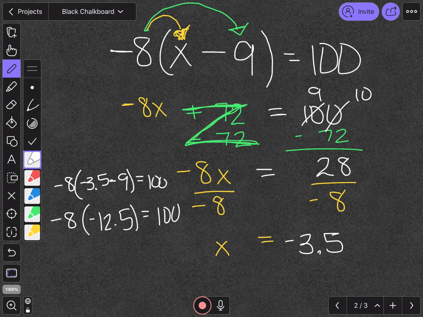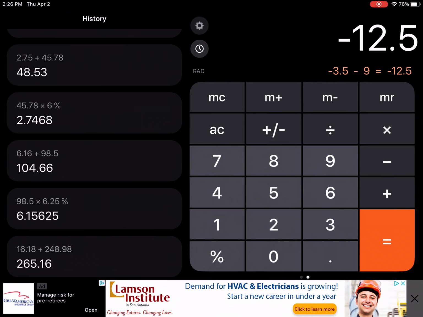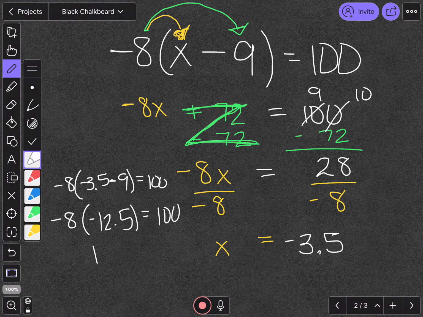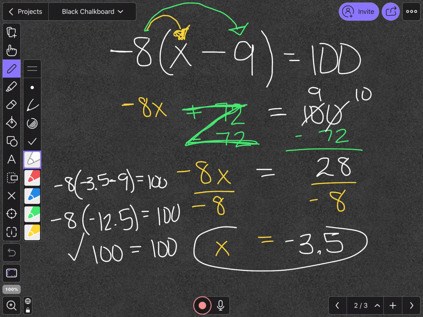Negative 8 times negative 12.5 is 100. 100 is equal to 100. So that proves to be true, and x is equal to negative 3.5.